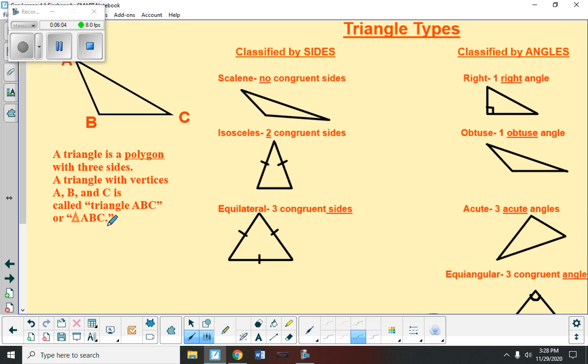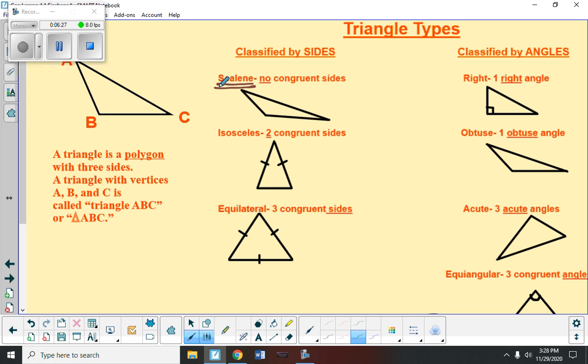So if you have a triangle with no congruent sides, it is called scalene. That's a vocabulary word you will need to know. An isosceles triangle has 2 congruent sides.